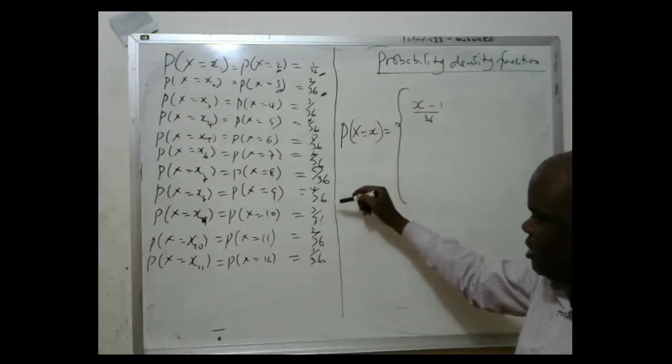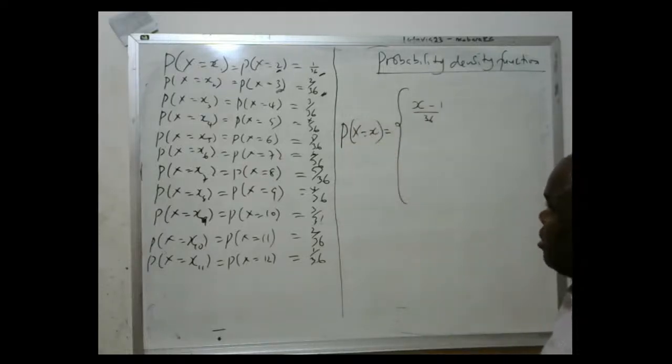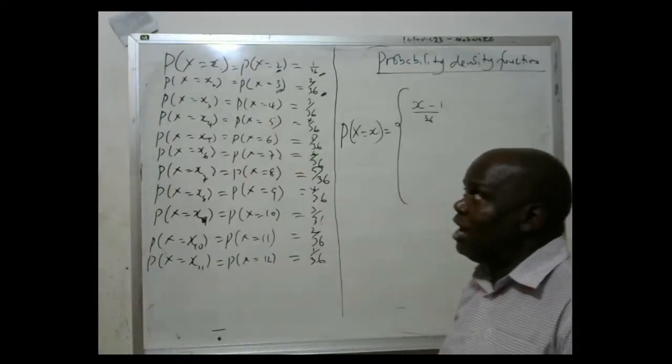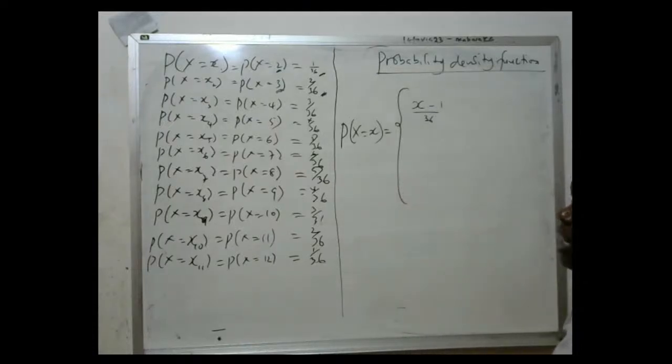So I will have generated a function of the observation. There's no need to look for an equation here, because the probability may not be linear, or even quadratic. It's a random phenomenon, so it is by chance, and it's important for you to observe how they occur.